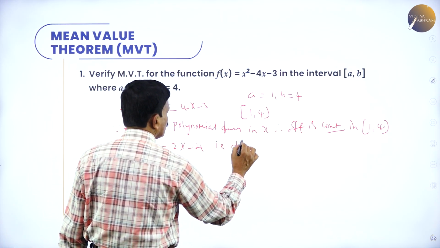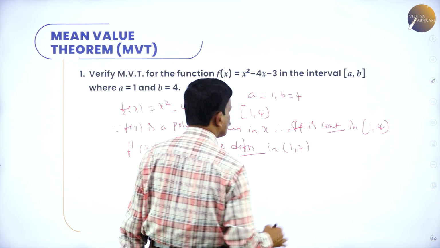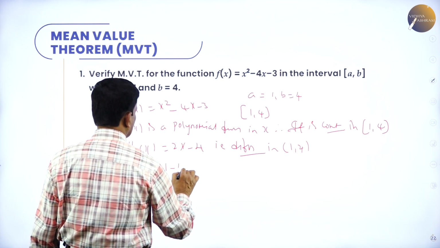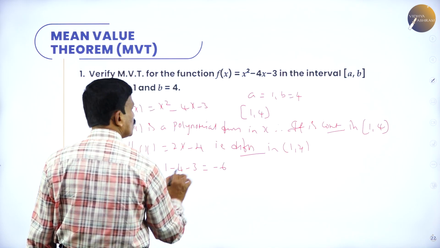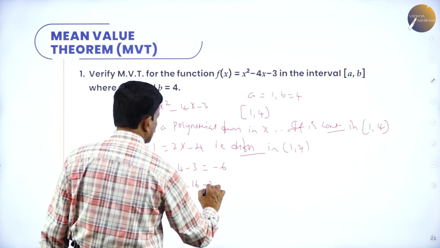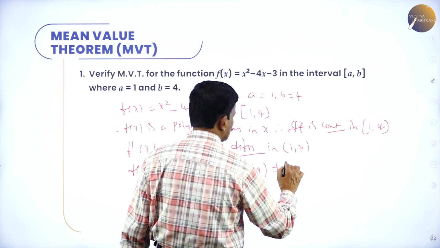That is differentiable in the open interval (1, 4). Now, f(a), verify f(1). 1 square is 1 minus 4 minus 3 is minus 6. f(b), f(4): 4 square is 16 minus 16 minus 3, that is equal to minus 3. That is, f(a) is not equal to f(b).